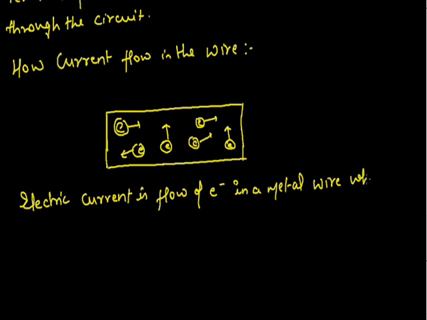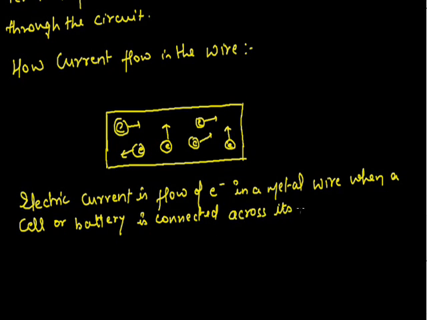When a cell or battery is connected across its ends, the metal wire has plenty of free electrons in it.